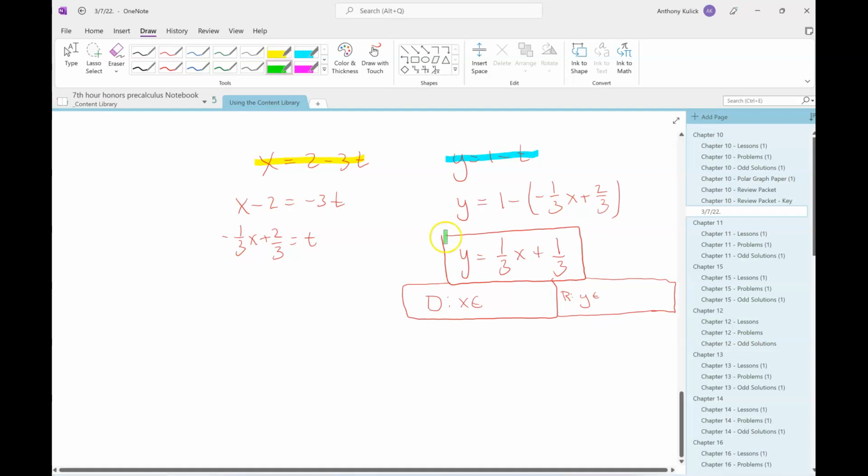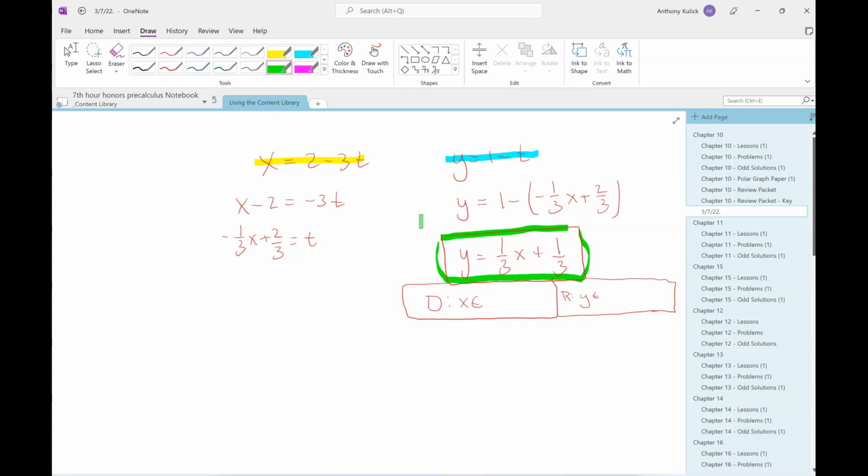If I just wanted to talk about the domain and range of this y equals 1/3 x plus 1/3, if it was not coming from a parametric function, if it was just like, what's the domain of this? What is the domain and range of y equals 1/3 x plus 1/3? Should be pretty trivial for students at your level to do this.